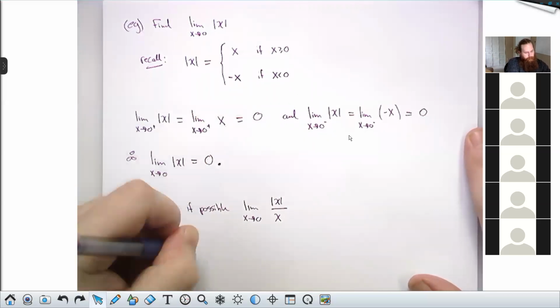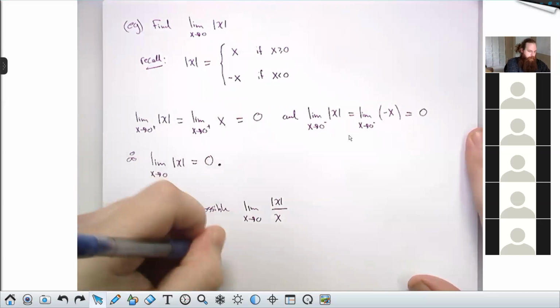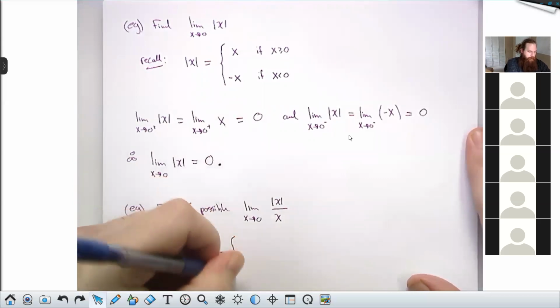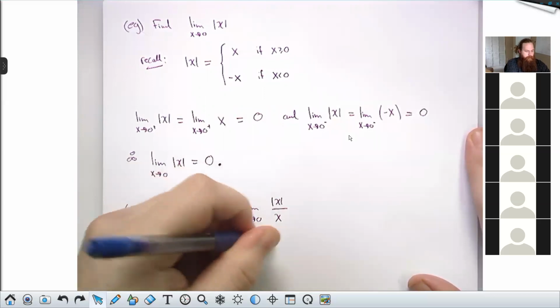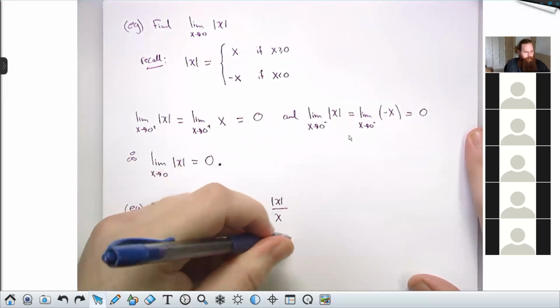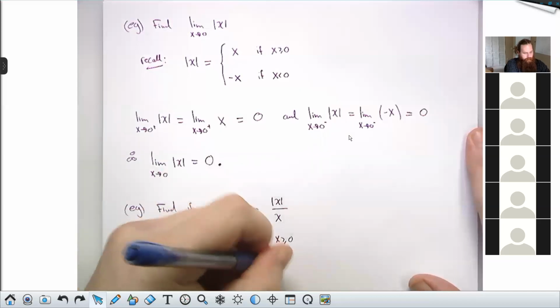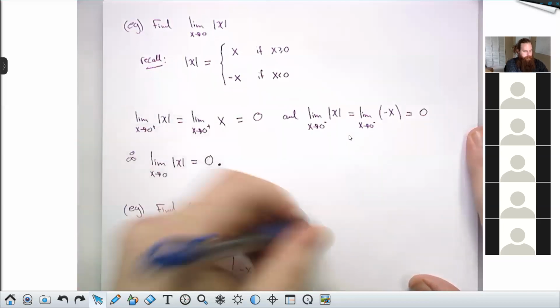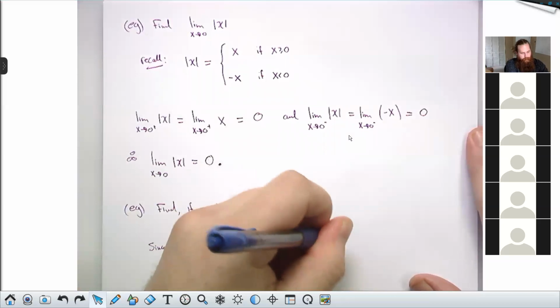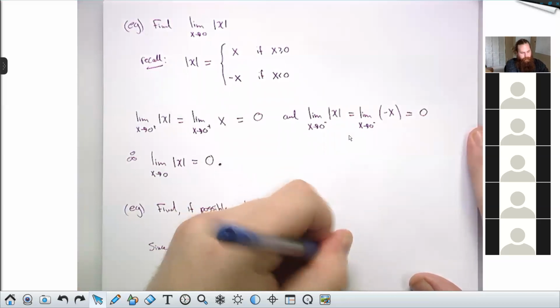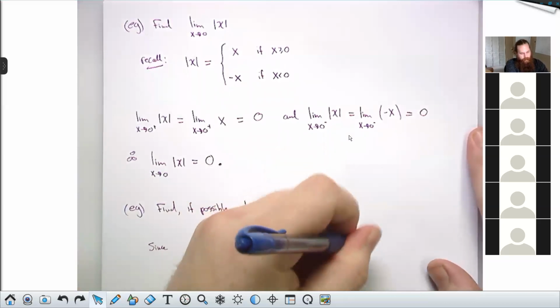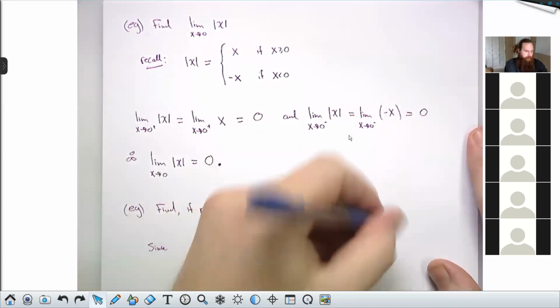Since the absolute value of x is defined to be x if x is greater than or equal to 0, and the negative of x if x is less than 0, the absolute value of x over x, you can just divide each of those pieces by x.